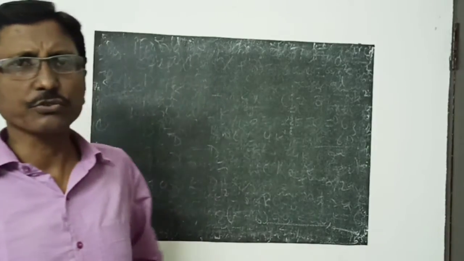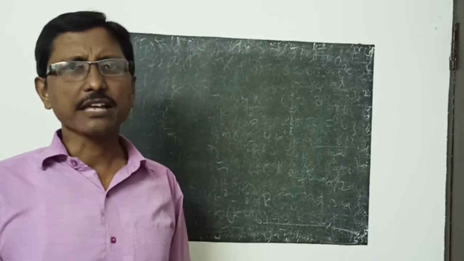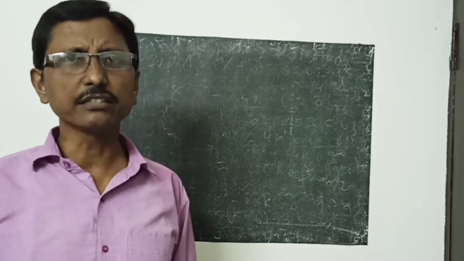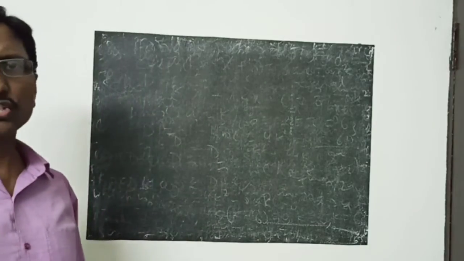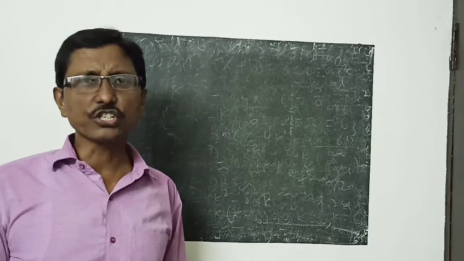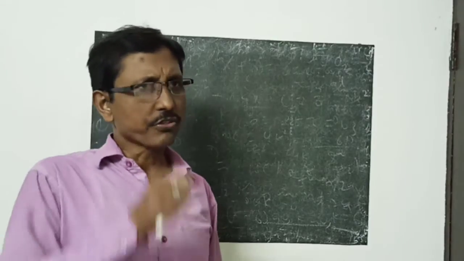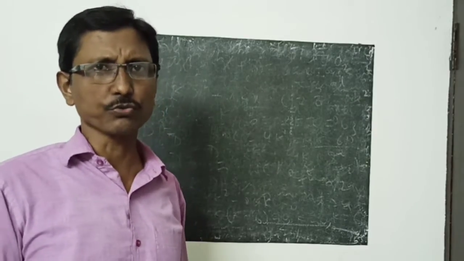In the last class we discussed the nature of the roots, which is decided from the discriminant of the quadratic equation. We know that for the quadratic equation ax square plus bx plus c equal to 0, its discriminant will be b square minus 4ac, and on the value of D, that is the discriminant, we can find the nature of the roots.